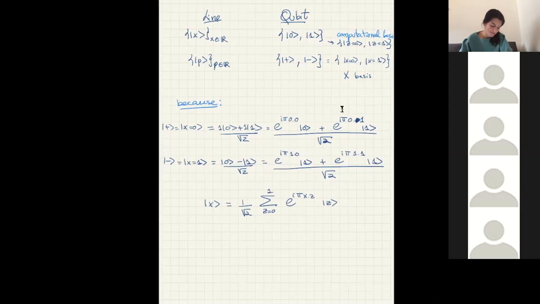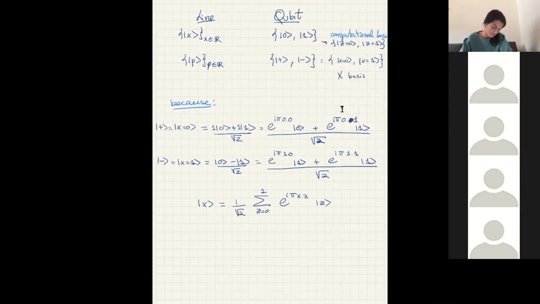In this case, it sounds a bit silly to go through the trouble of expressing it with this exponential when the actual expression is so simple. But this is a particular case of the discrete Fourier transform, which is just a discrete version of the Fourier transform, something like this for an n level system.